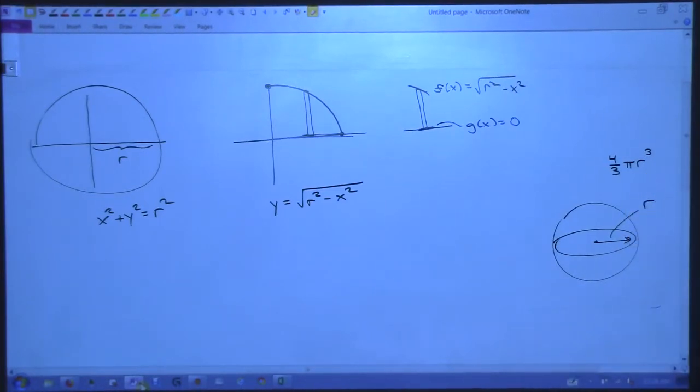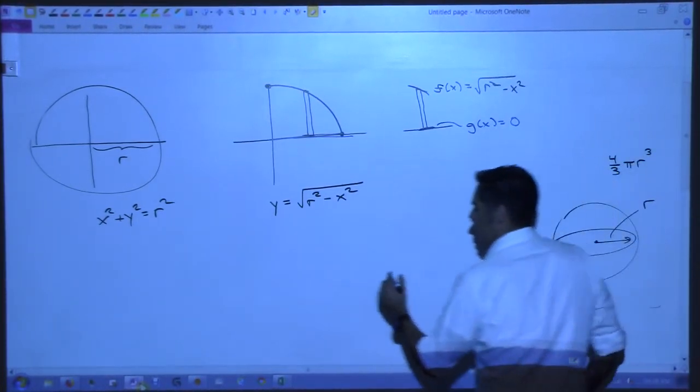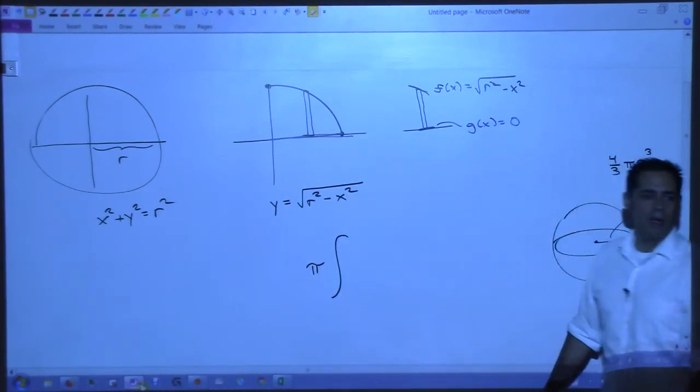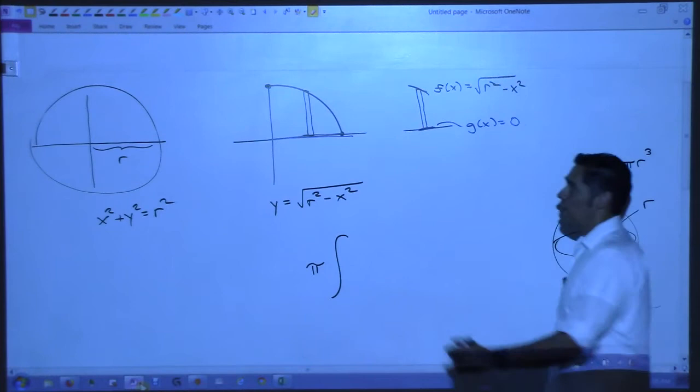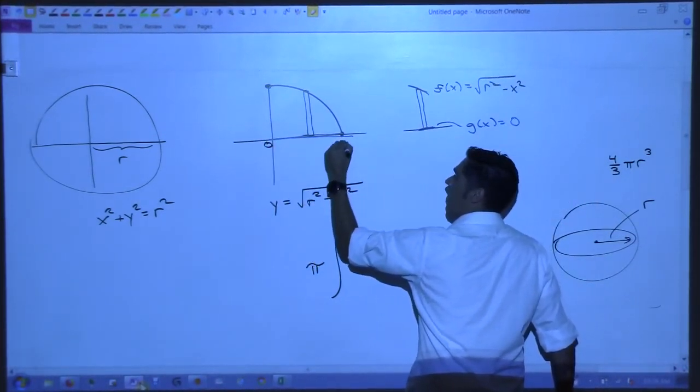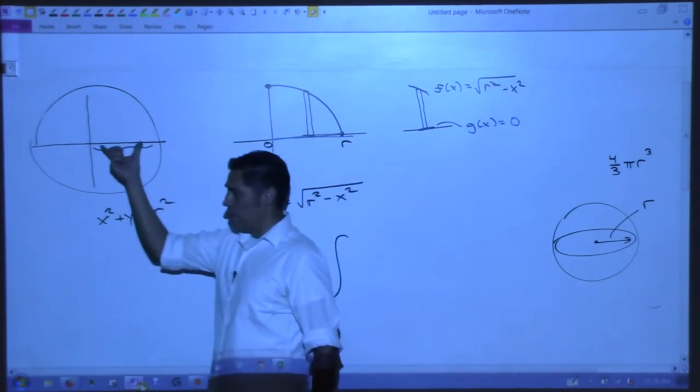According to the formula we just created, the volume we would get from wrapping that around the x-axis is pi times the integral from where to where? We never established this, but we're going to start at 0 and stop at r, because r is the radius of the circle, yes?